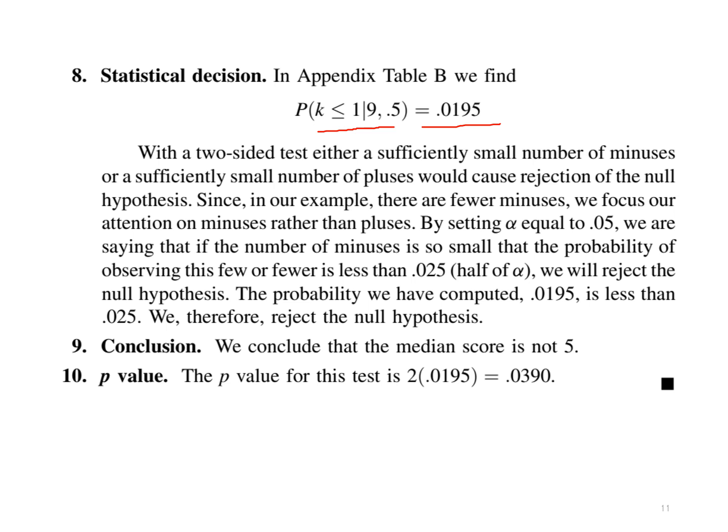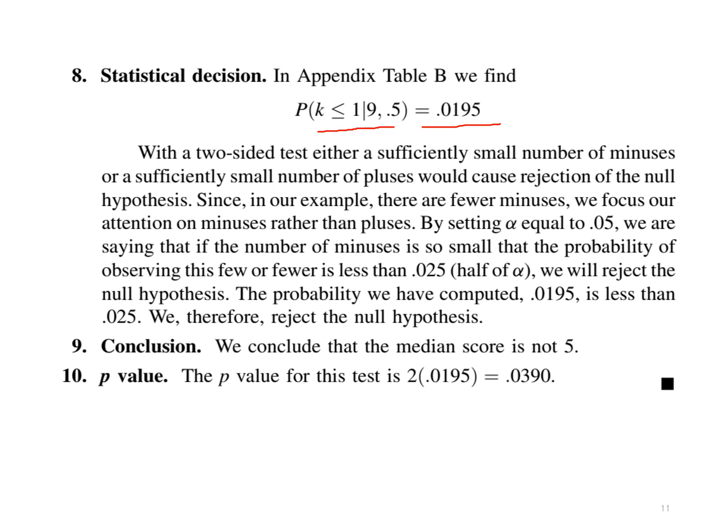So there is an extreme probability. Then the conclusion: you conclude the median score is not 5, since the probability is very low compared to our alpha.